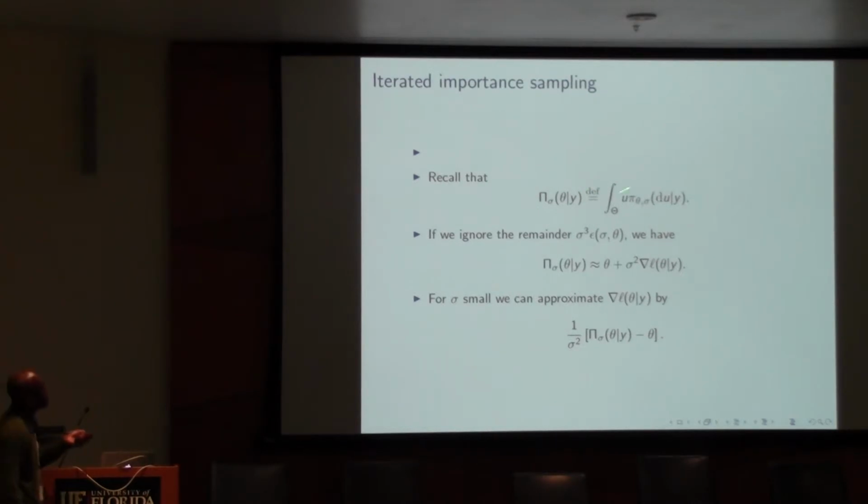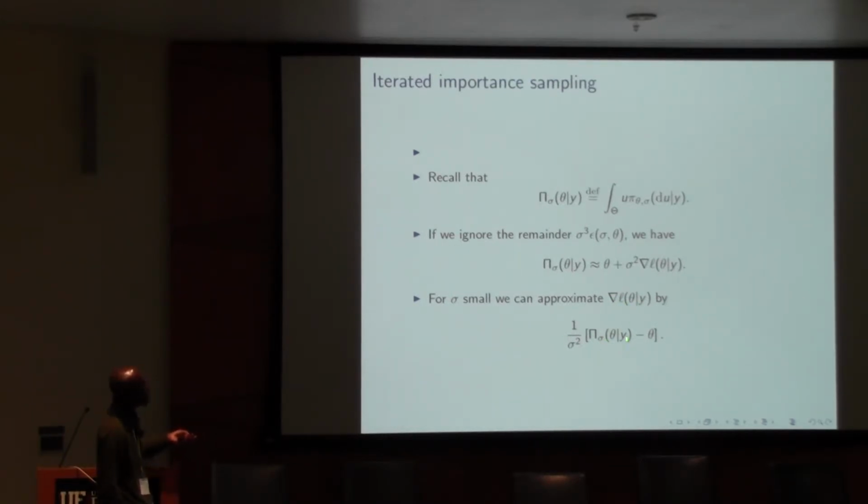So, to repeat myself, we made up this posterior distribution. We take its mean, so we have this posterior mean, and we show that in fact it's related to the gradient of the likelihood function. So when the sigma is small, we can approximate the gradient by computing this term.